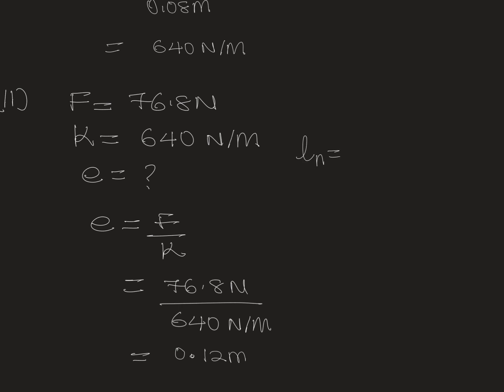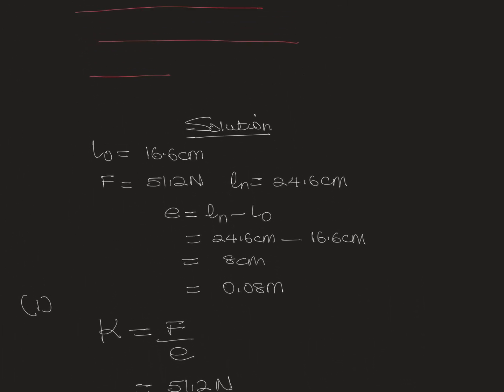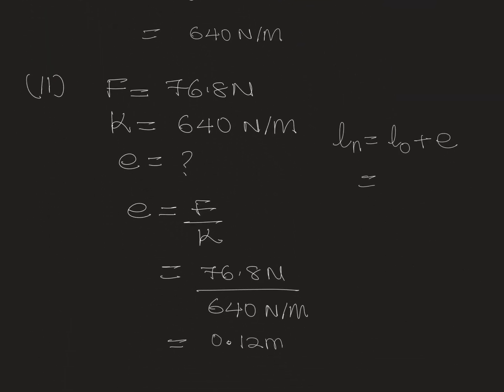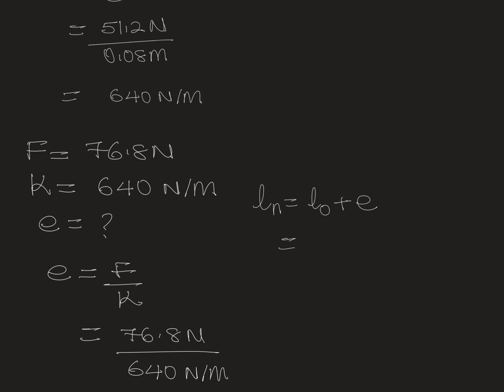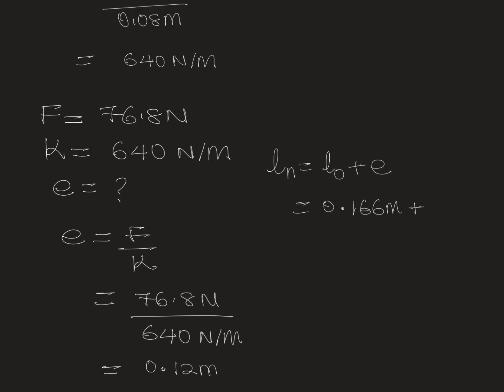But it is asking us to calculate the length, which means the new length. We know that the new length is equal to the original length plus the extension. So what was the original length? The original length of the spring was 16.6 centimeters. If you divide by 100 to make it in meters, you'll have 0.166 meters, plus the extension that we have, 0.12 meters.